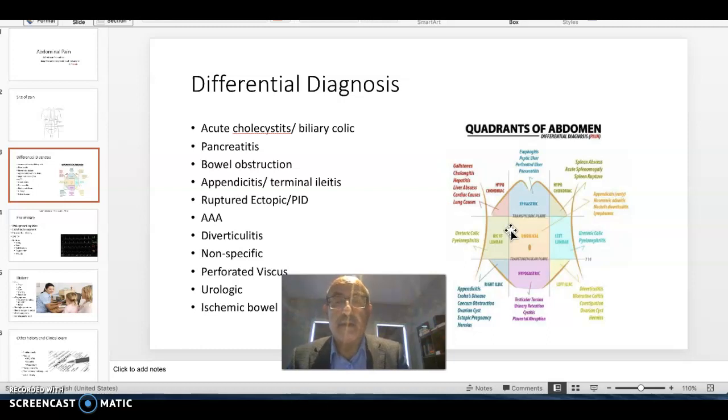Usually these people are elderly with chronic vascular disease in general. They very well could be smokers, hypertensive, and have a history of peripheral vascular disease, or ischemic heart disease, or chronic renal failure, or they are diabetic. That will give you a clue. I emphasize this condition because the abdominal pain can be really vague and difficult to diagnose.